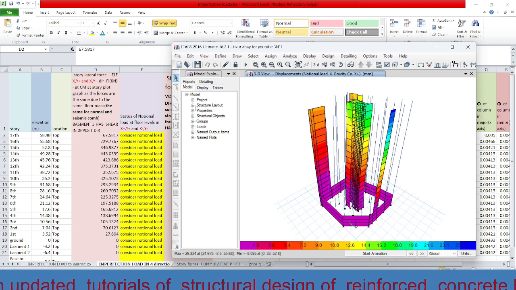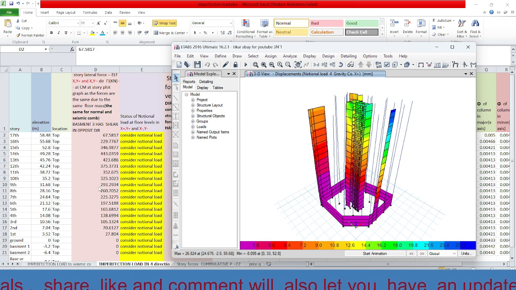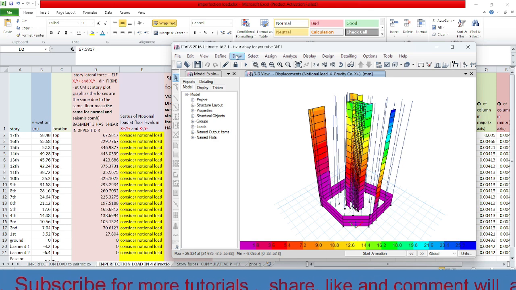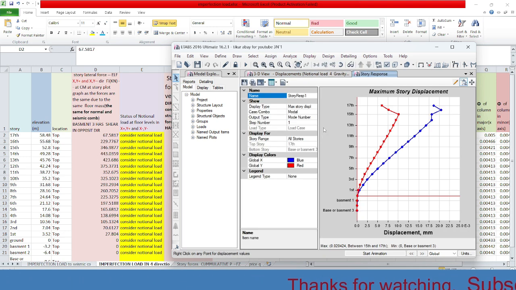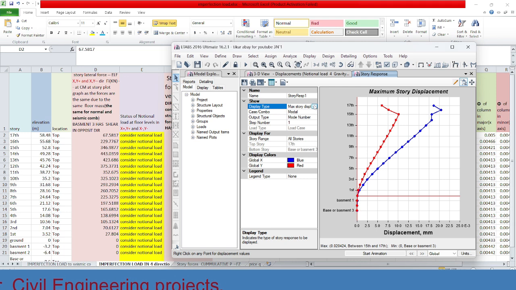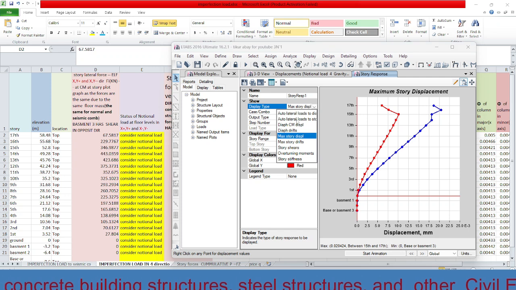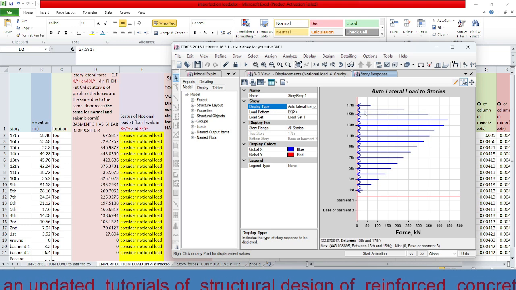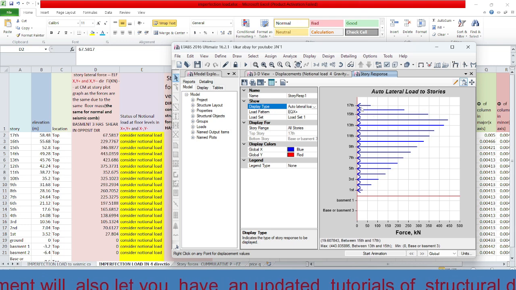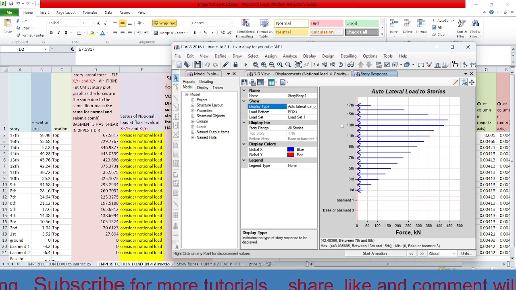To calculate the lateral force which will be applied to the center of mass of every floor, just go to the display menu here, story display plot. So the lateral force applied at the center of mass of every story can be obtained from ETABS.